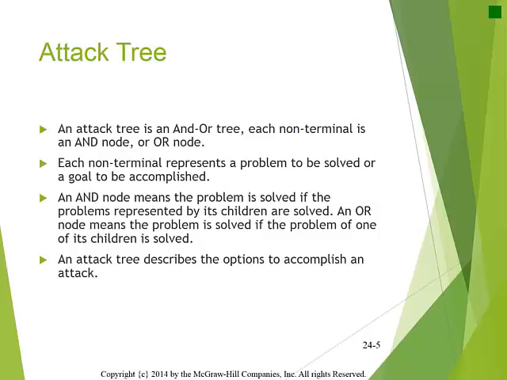There are two types of nodes, the AND node and the OR node. An AND node means that the problem is solved if all of its child problems are solved. An OR node, which is the default, indicates the problem is solved if one of the child problems is solved.